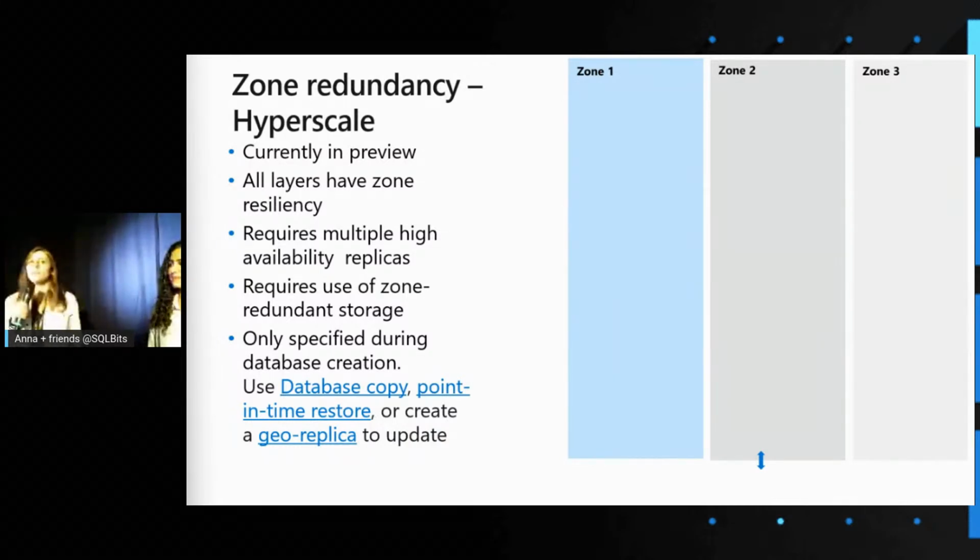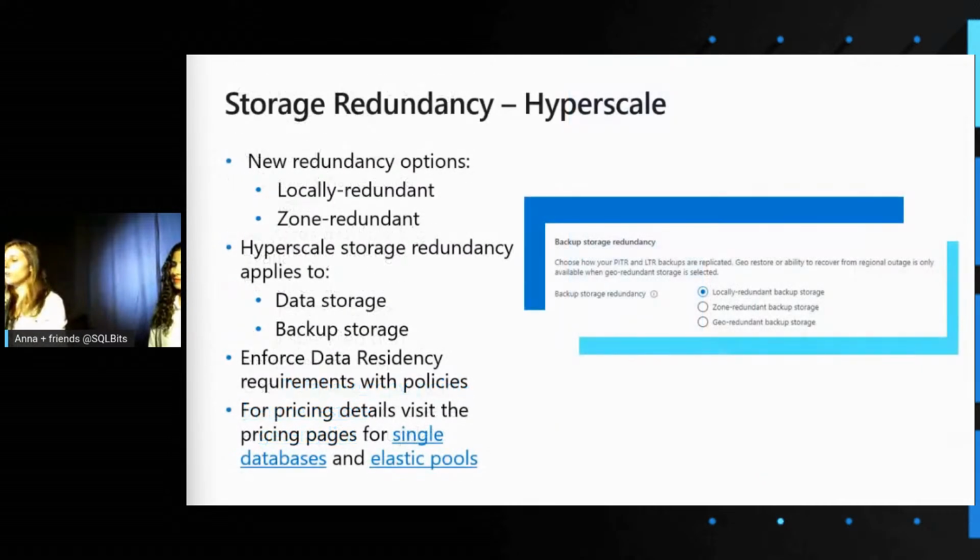That is the only configuration that you can use for geo-restore capabilities, but local and zone redundant configurations are good to consider if you maybe have some data residency concerns where you want to make sure that all of your data is within one Azure region.